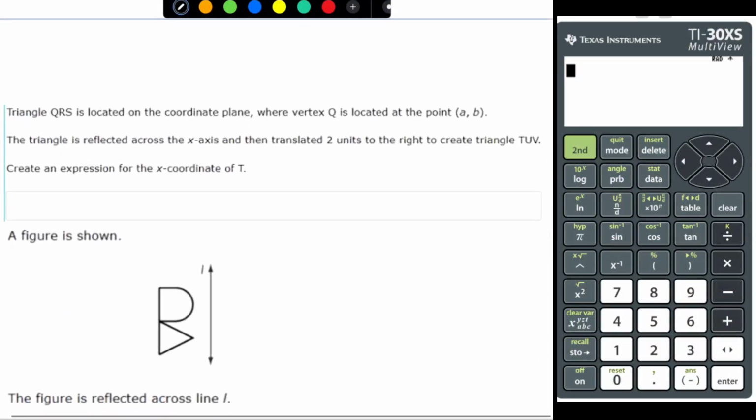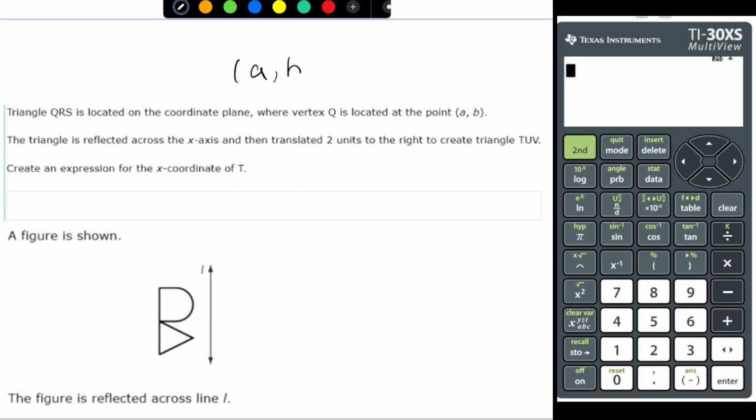All right. Triangle QRS is located on the coordinate plane, where vertex Q is located at the point (A, B). The triangle is reflected across the x-axis and then translated 2 units to the right to create triangle TUV. Create an expression for the x-coordinate of T. Okay? So Q is at (A, B).